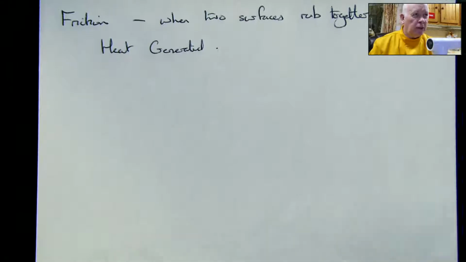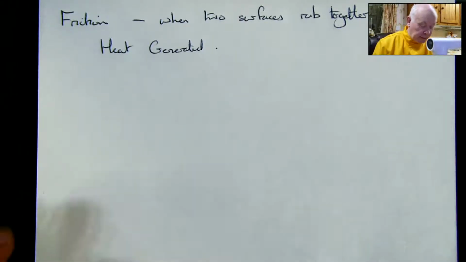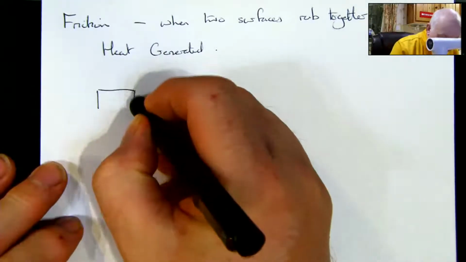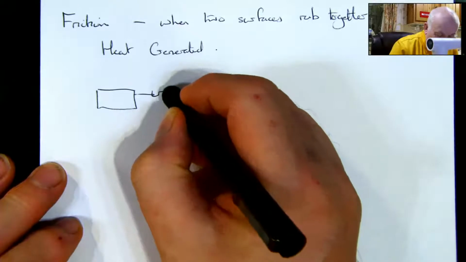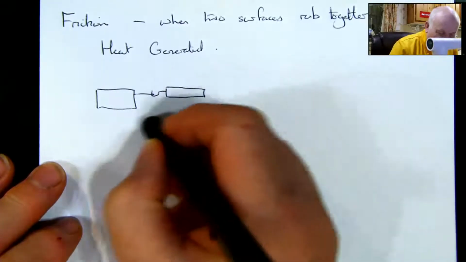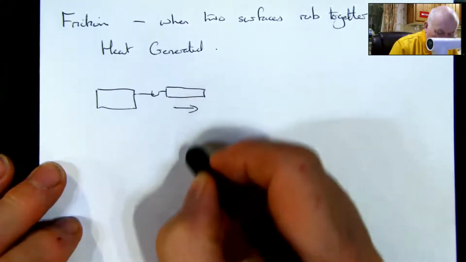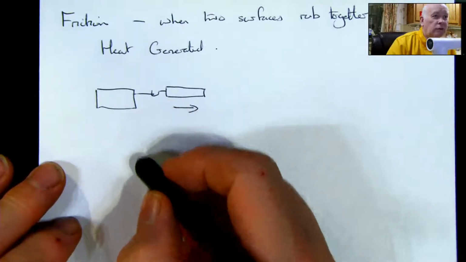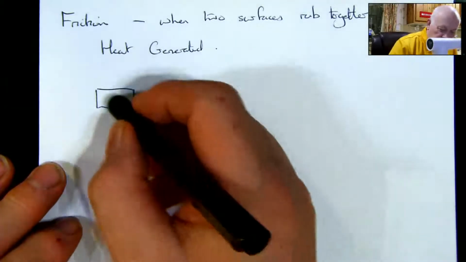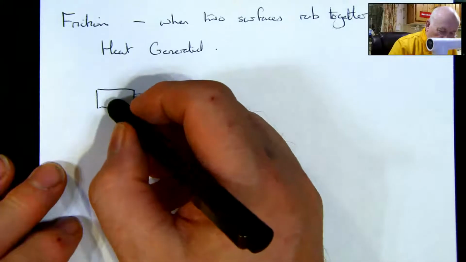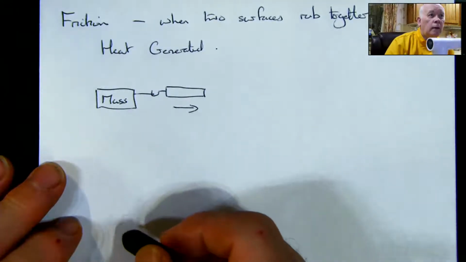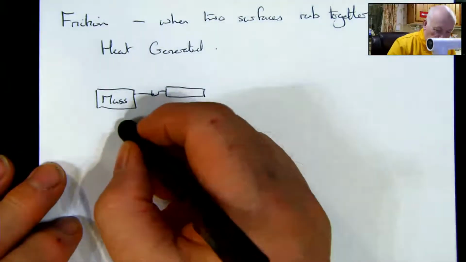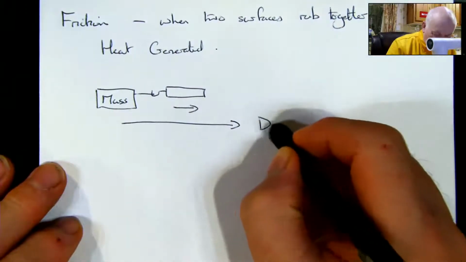Now, if we look at the formula that I mentioned when I started moving that little box with the Newton meter, and we pulled it, what we've got is simply a mass here, and we've got a distance moved.